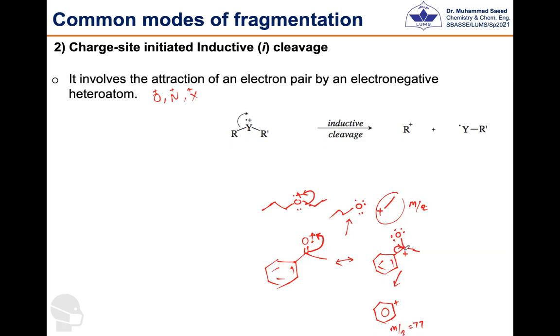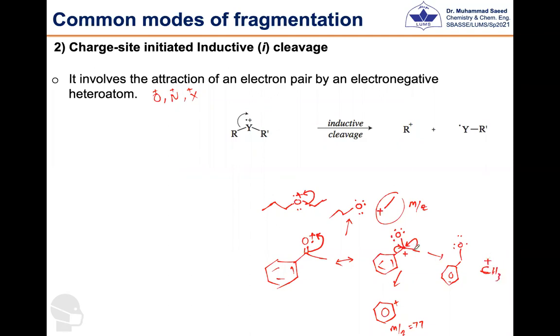Or if you move the electron from this side, not from this side, then we can have another fragment, but with a slightly different M over Z, and that will be CH3 with a positive charge.